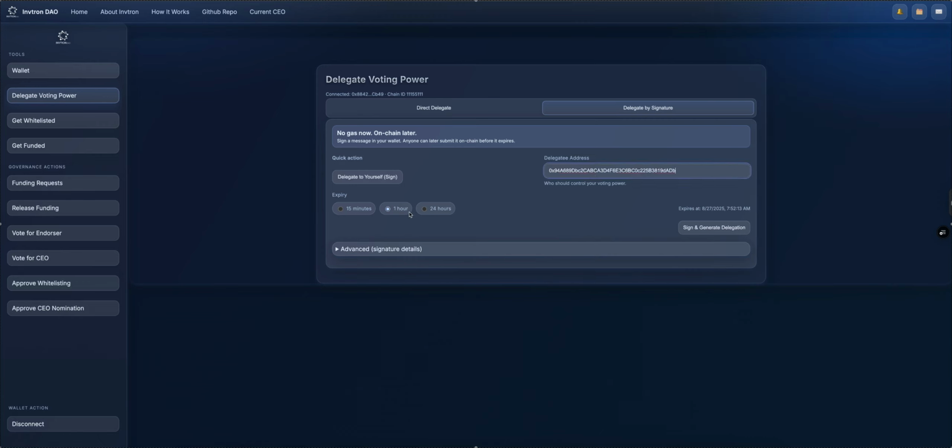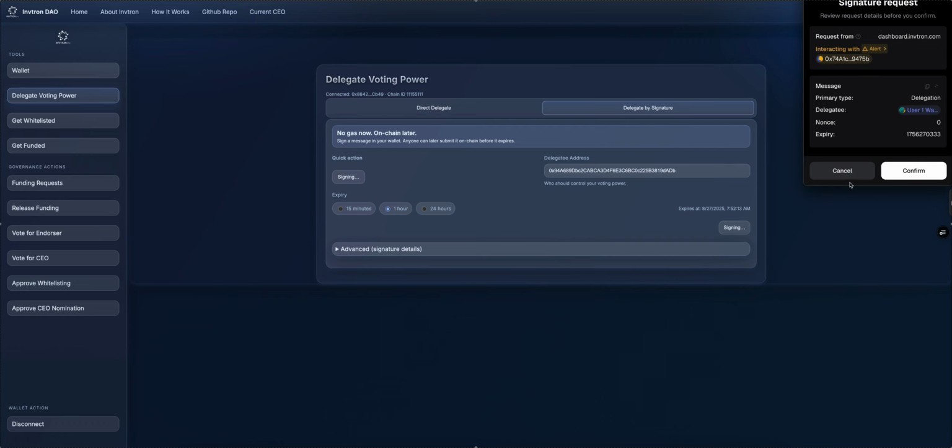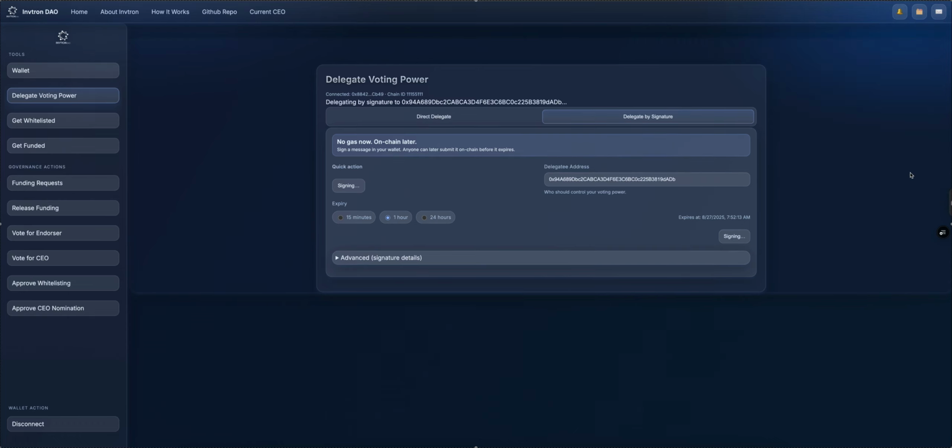And I can choose how much time, whether it's 15 minutes, 1 hour, 24 hours. Of course, you can add more. Perhaps we will add some customization here for the time. But let's say 1 hour now. And we can sign the transaction here and confirm.